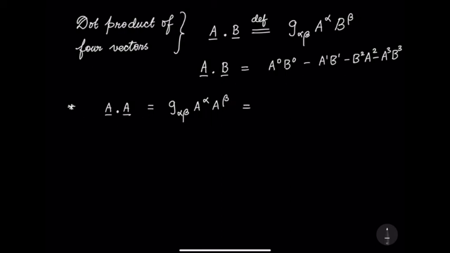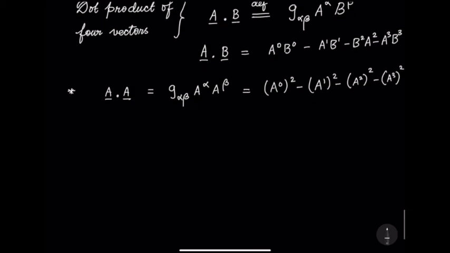And again, I will write this explicitly because this is A0 square minus A1 square minus A2 square minus A3 square. As we go along in this course, we'll stop writing things explicitly, but for the first few times, it is better to write it such that we understand what is going on.